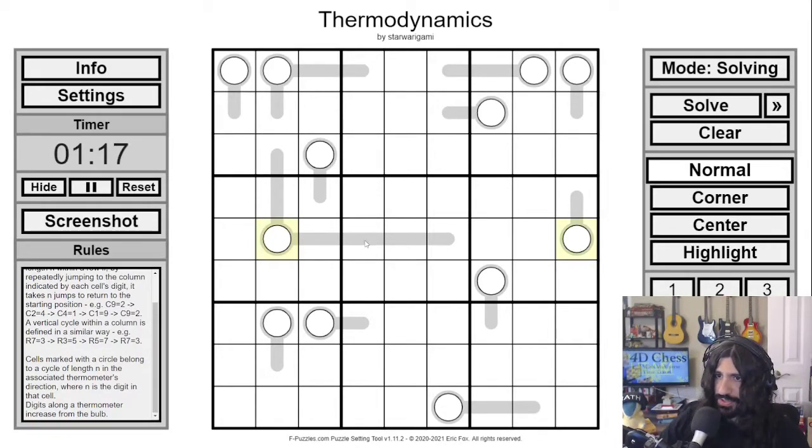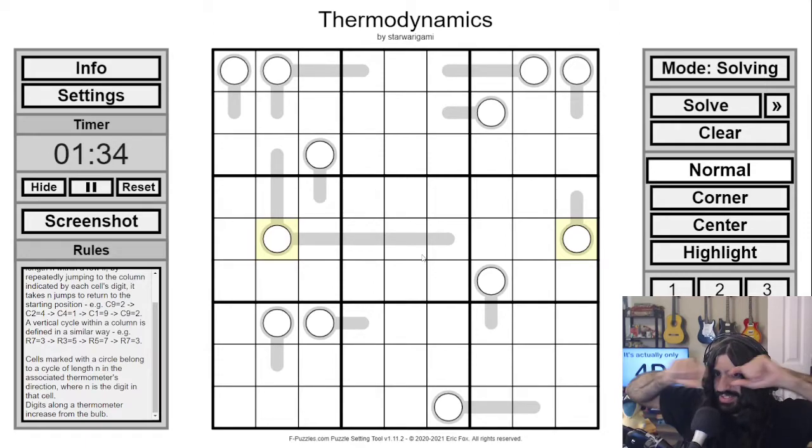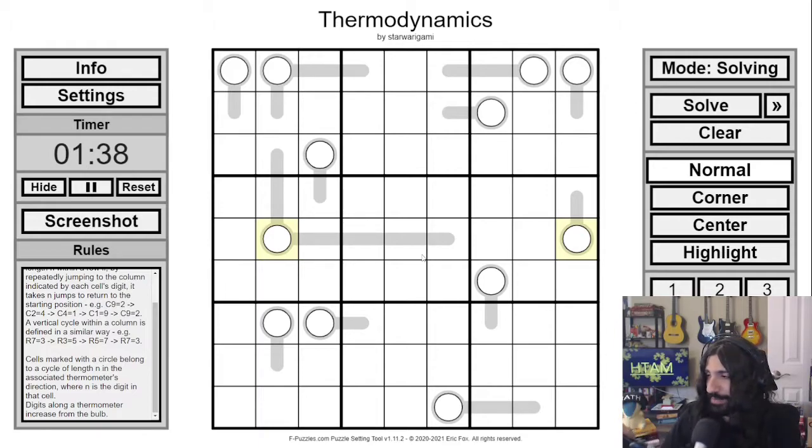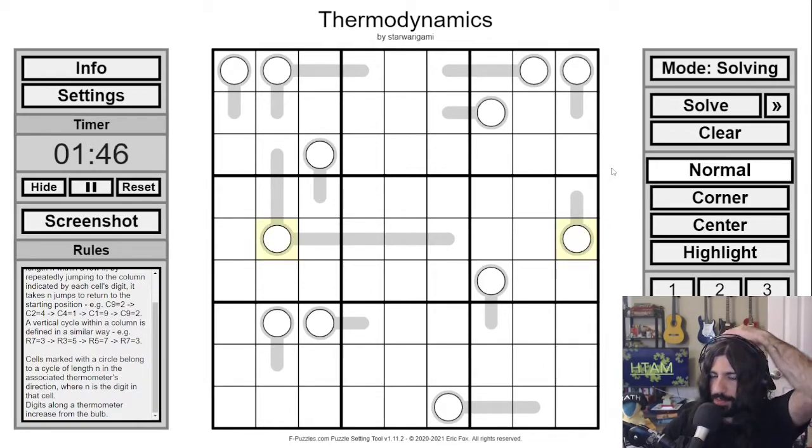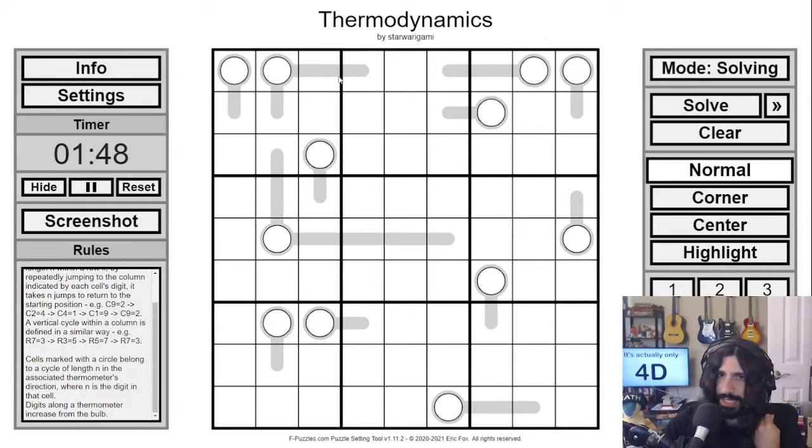If two numbers were in the same cycle, that cycle would have to have one length, but the bulb condition tells us that the length of the cycle that the number in the bulb is in is determined by that number, and two bulbs in the same row or column can't have the same number. So they can't be involved in the same cycle, because otherwise it would be conflicting. So two bulbs in the same row or column can't be part of the same cycle. So that gives us something.